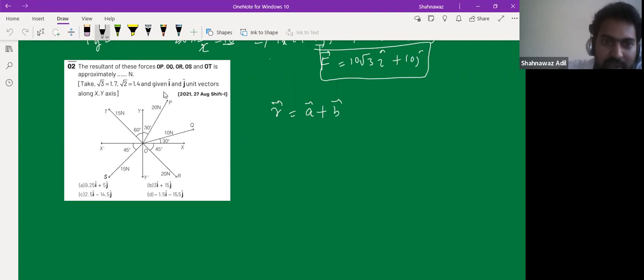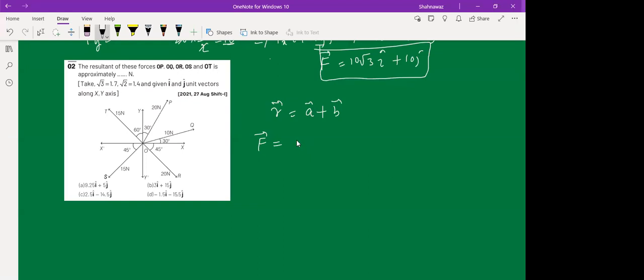So they want us to calculate the resultant of these forces. So Heather, please tell me, let's say the resultant is F. So what will be the resultant of OP, OQ, OR, OS, and OT? So we will apply parallelogram to two forces at once.